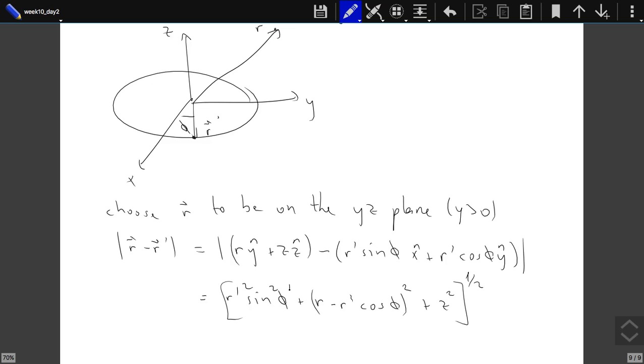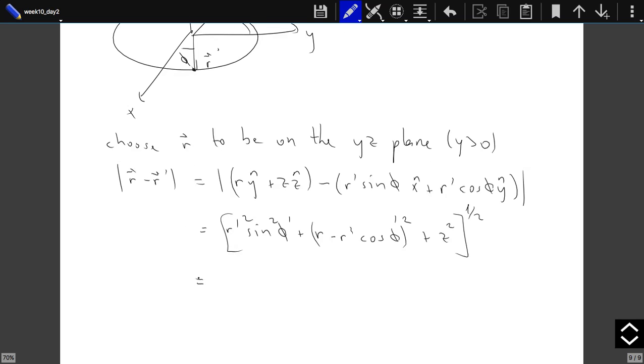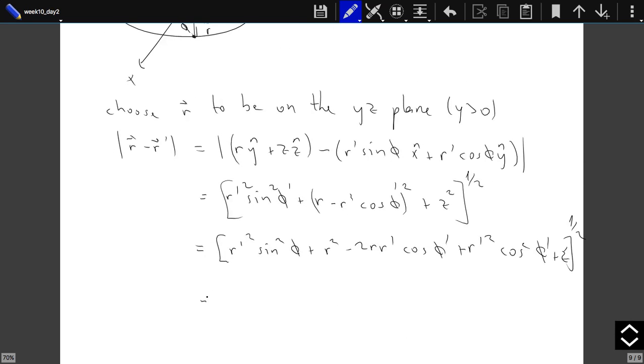And phi is phi prime. This is equal to r prime squared sine squared phi prime plus r squared minus 2r r prime cosine phi prime plus r prime squared cosine squared phi prime plus z squared, which is equal to r prime squared.